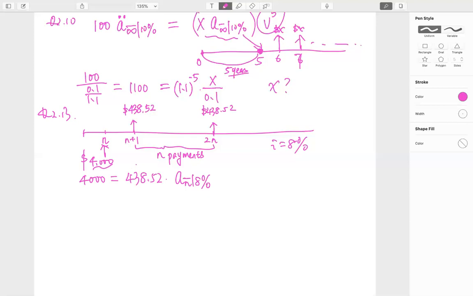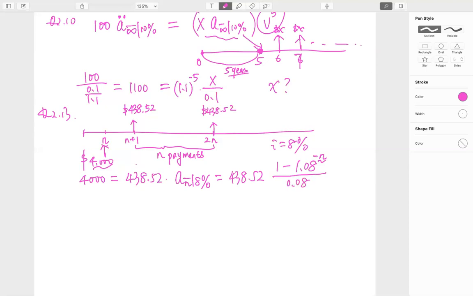So basically the difficulty comes from solving this equation, right? 1 minus 1.08 to the negative n. Here, this number is the number of payments. Aaron is going to receive n payments, so that's why here is n, divided by the interest rate, which is 0.08.